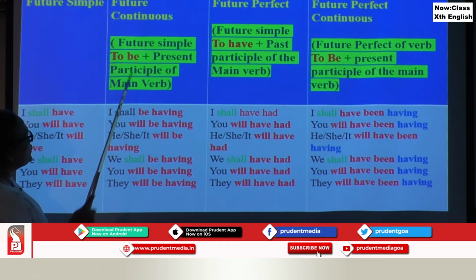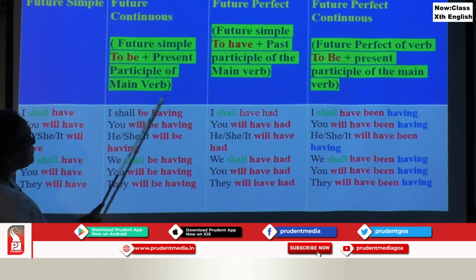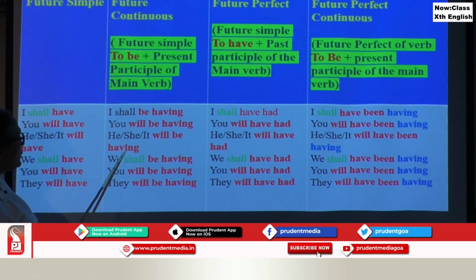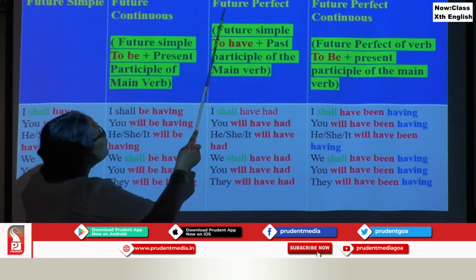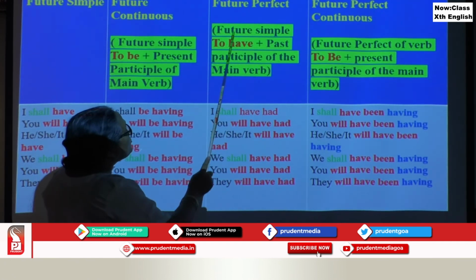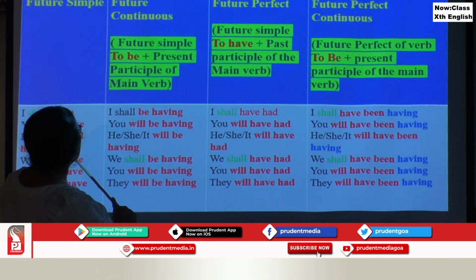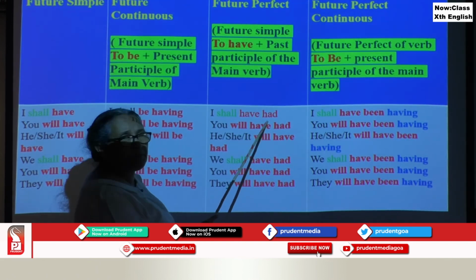What is future continuous? Future continuous of verb to be, I shall be plus present participle having. You will be having, he, she, it will be having. We shall be having, you will be having, they will be having. What is future perfect? Future simple of verb to have, you have here, see, I shall have plus past participle had.